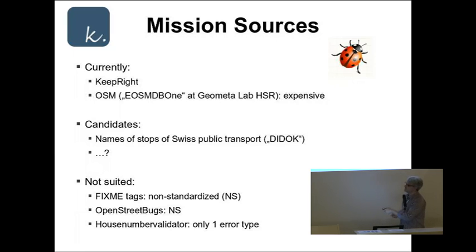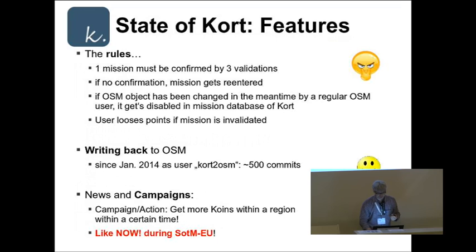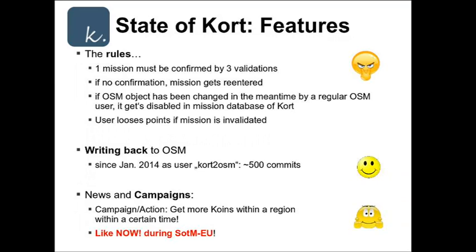For example, fixme tags are not standardized, so I can't really process them and offer them to the user in a simple way. OpenStreetMap is also non-standardized, and for example, the house number validator is only one error type, where there is not too much data to extract. The state of Kort, about the features, is that there are rules.